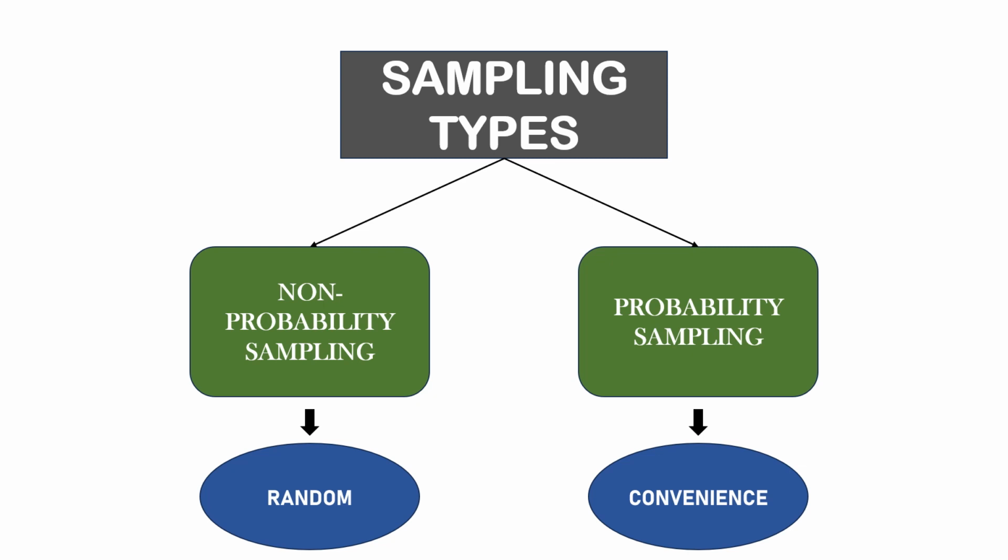Non-probability sampling is more relaxed, while in probability sampling we have to consider all the elements in a sample. Let's discuss these sampling techniques one by one.